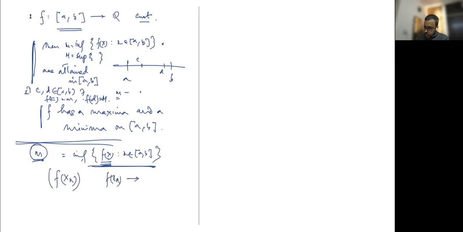Next you look at the sequence xn. All these xn's are in this closed bounded interval, so it admits a convergent subsequence xkn, which is to say that xkn converges to some x belonging to this same interval.